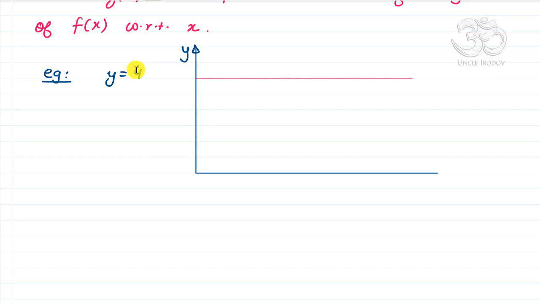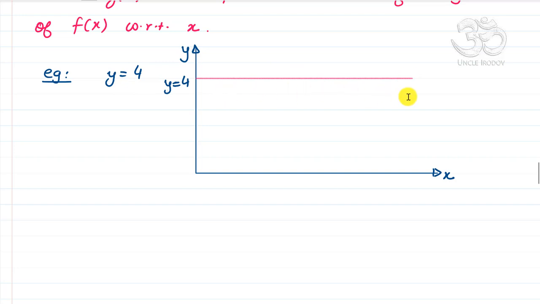So we say that it's a constant function, y versus x. This is y is equal to 4. It doesn't vary with x. And suppose I ask you the slope of this function. Your answer will be intuitively 0 because it's along the x-axis.